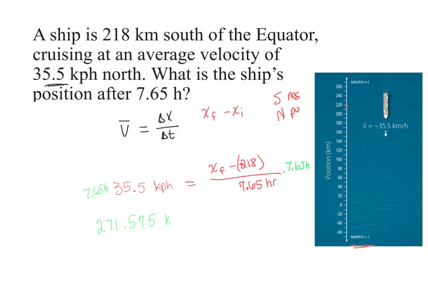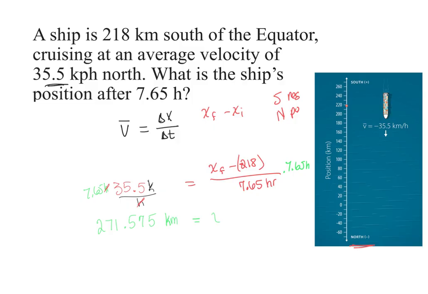And I do want to watch these units here. So kilometers per hour, remember per, that means the kilometers is on the top here and the hours is on the bottom. And so when we look at our units, those hours would cancel each other and we're just left with those kilometers. So that's why we have just the kilometers here.